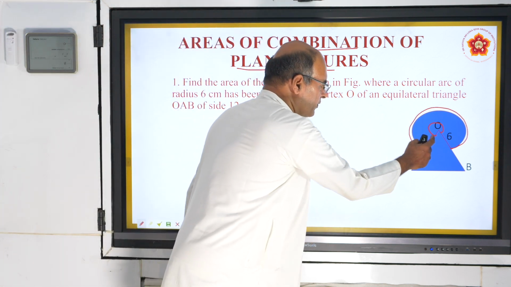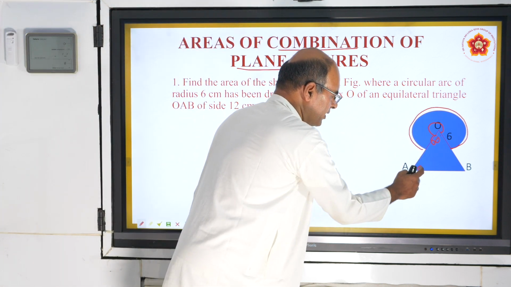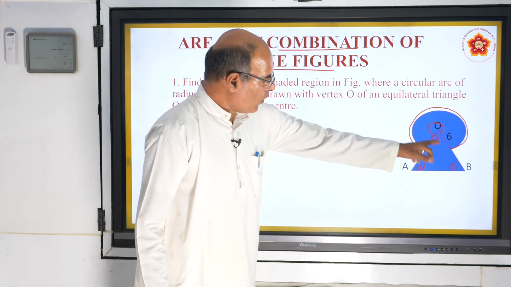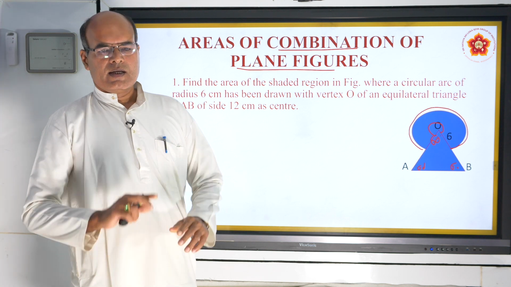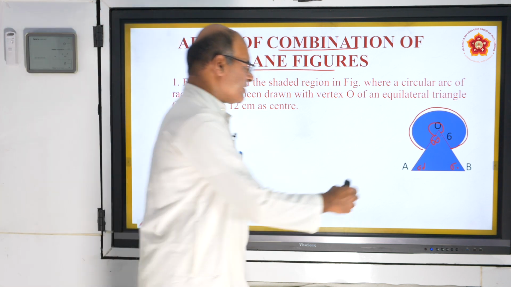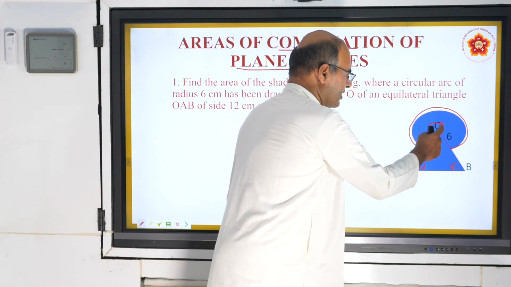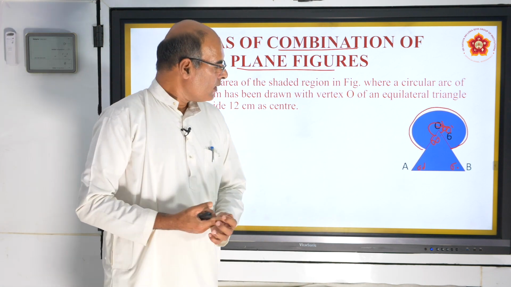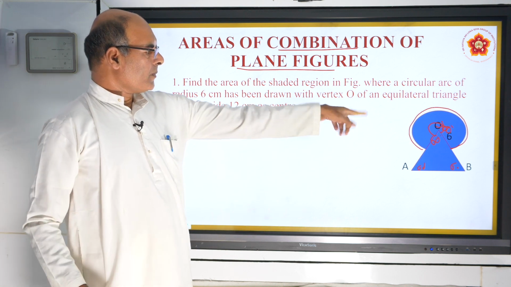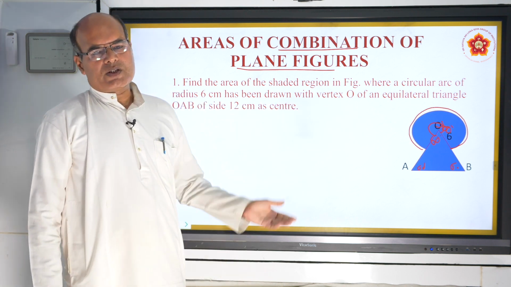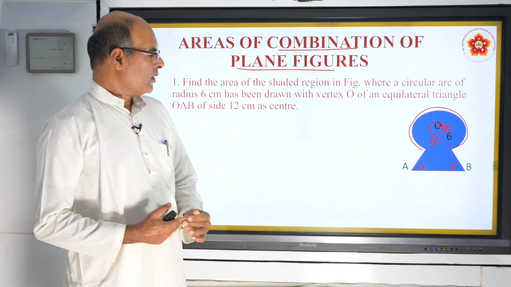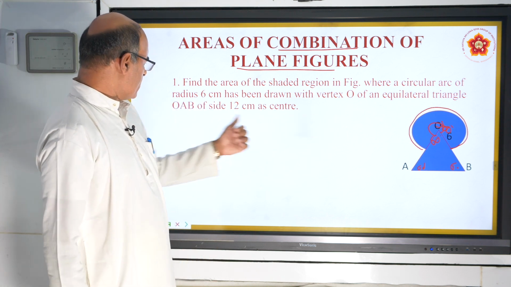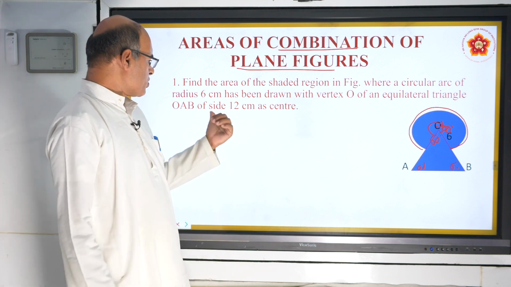Therefore, each angle of the equilateral triangle is 60 degree. Here, angle AOB is 60 degree, so its reflex angle is 360 minus 60 degree, that is 300 degree. So, 300 degree is the angle of the sector which we require. And the side of the equilateral triangle is 12 centimeter here.